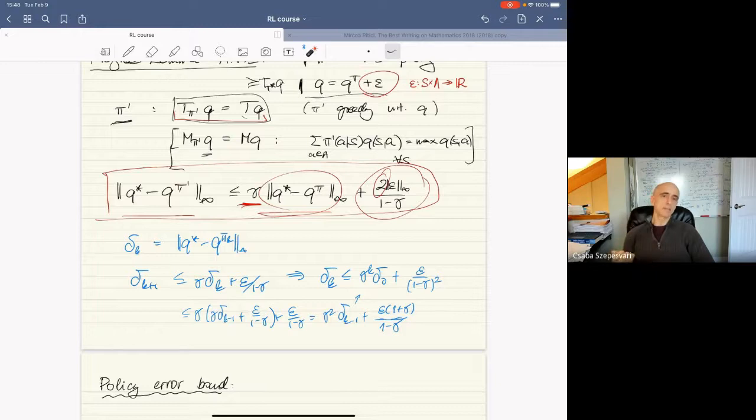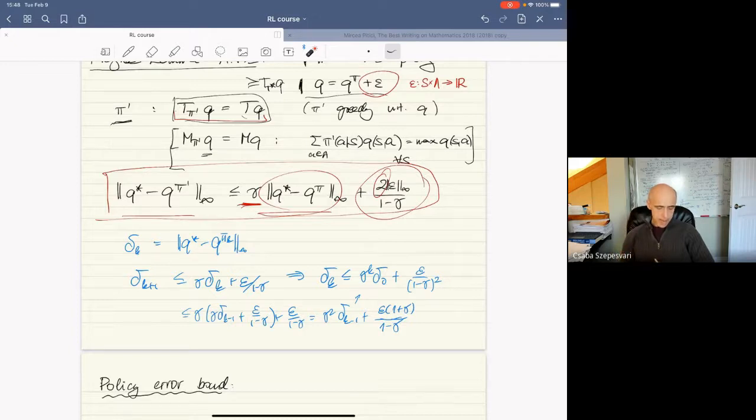And we saw that with the usual contraction argument, we can get this result that says that, yes, the error of the new policy is at most gamma times the error of the previous policy plus 2 times the maximum uniform norm of this error term divided by 1 minus gamma. And so if you wish, you can iterate this.